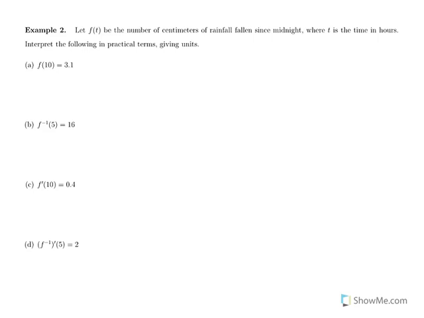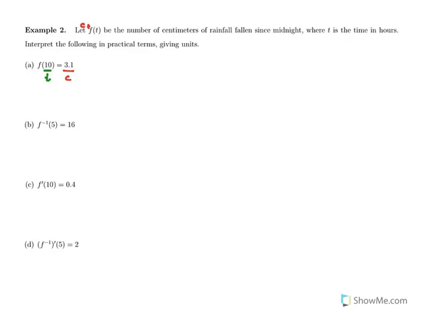So first, let's start with the easier problem, F of 10 equals 3.1. Here, 10 is our T value, 3.1 is our f value, our function value. We'll call it C here, so we can label it a little better.